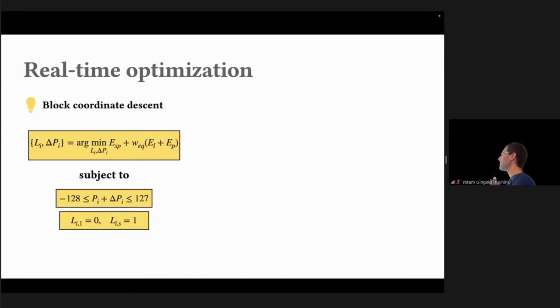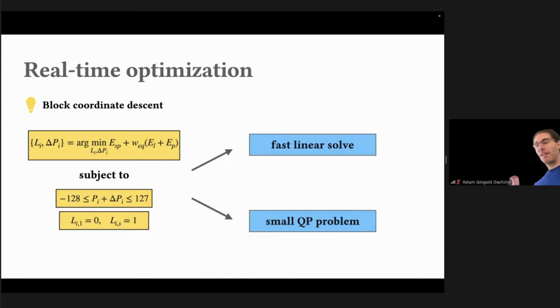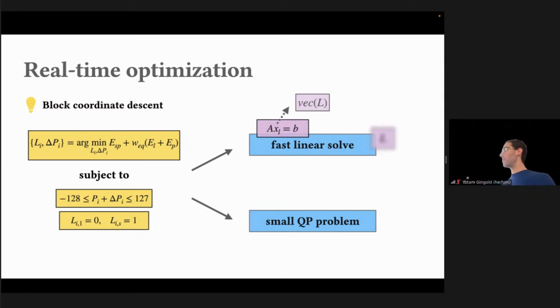We can realize that the two different kinds of degrees of freedom that we have, the colors of the palette and the lightness values, we can separate into two different blocks of coordinates. And when we do that, we realize that the lightness values, by expressing them with this bilinear energy with constraints, we can do as a fast linear solve to get our updated luminance values.